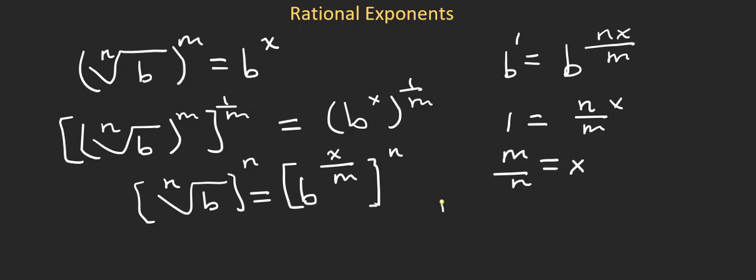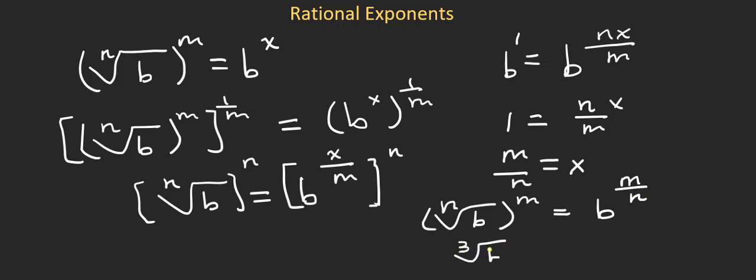So that means the nth root of b raised to the power of m is the same thing as b to the m over n. So for example, let's say you have the cube root of b raised to the power of, let's say, 7. That will be the same thing as b to the power of 7 over 3.